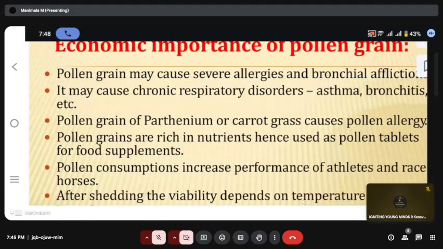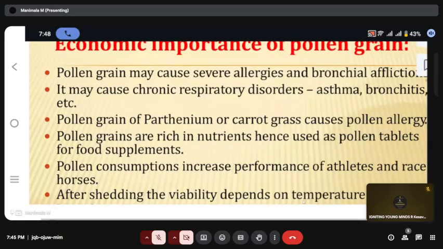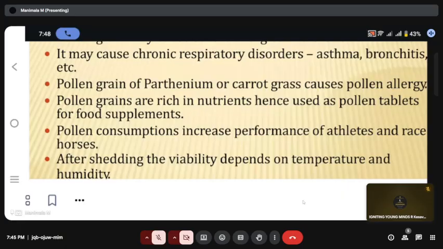What are the advantages of pollen grains? Ma'am, it is rich in nutrients. Which is rich in nutrients. So, with the help of that nutrient, we can make tablets, and food for athletes and horses. Yes, okay, good.